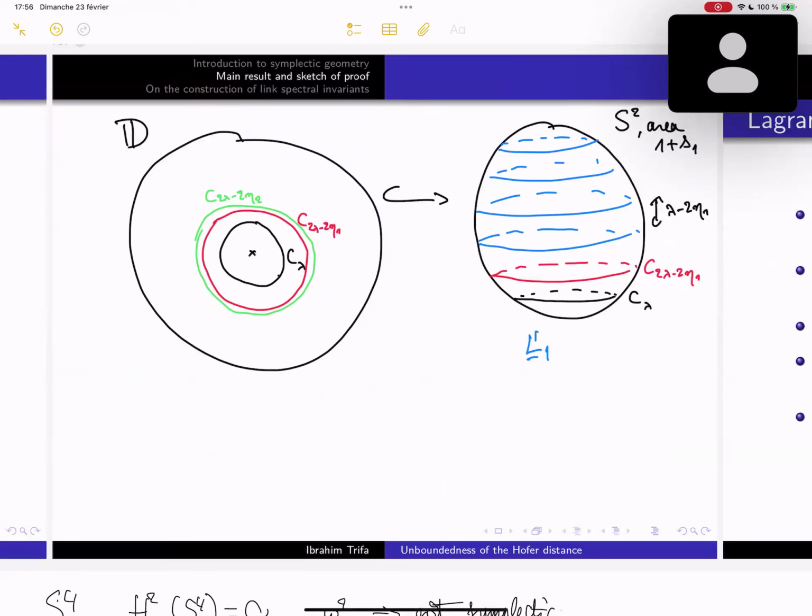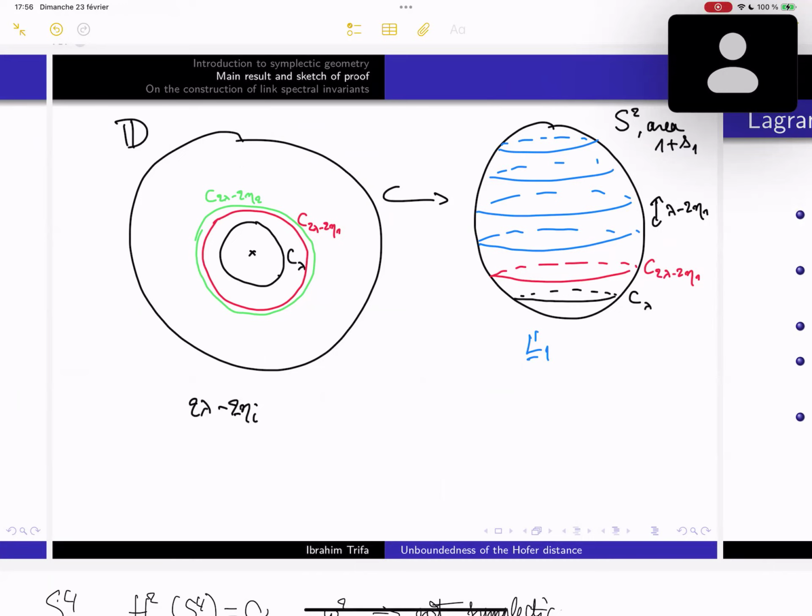And then for each i, you consider the circle bounding a disk of area 2 lambda minus 2 eta i. And since eta 1, eta 2, eta 3, eta 4 are all different, those circles are disjoint. As you can see here, the green one and the red one are disjoint.